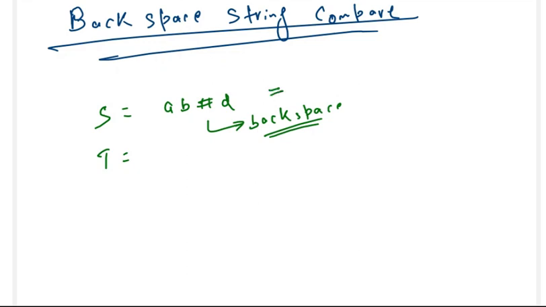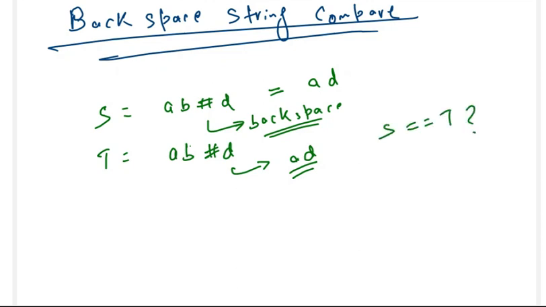So this original string will read as AD. Similarly, t is also kind of this. So this string will also read as AD. So we need to determine whether s is equal to t or not. If it is true, then we will return true, otherwise we will return false.